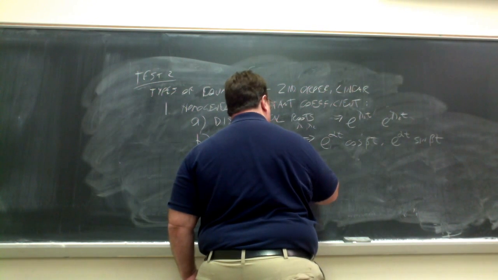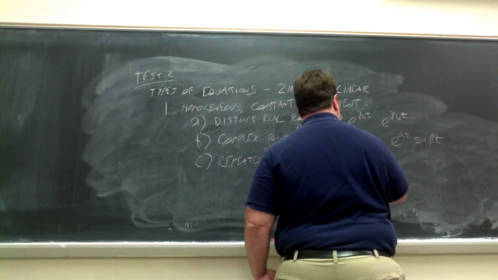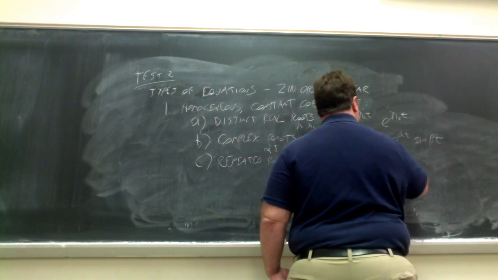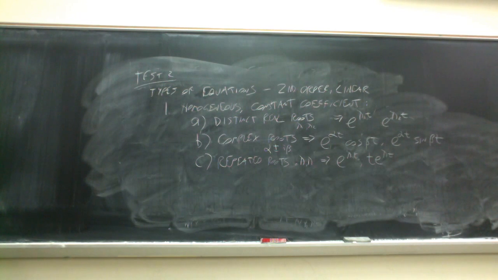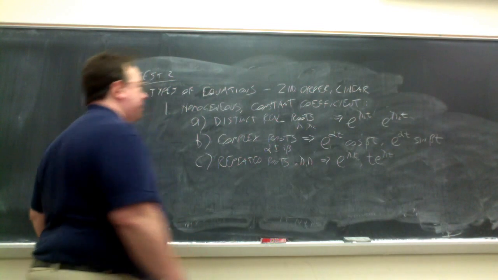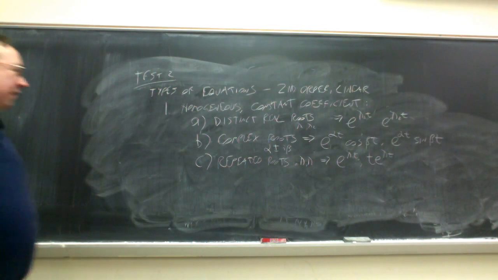So we just have lambda and lambda, so that leads to e to the lambda t, t e to the lambda t for your y1 and y2. Okay, so you'll definitely have a problem with each of those. So be really careful in computing your roots, then you'll know what lies ahead.